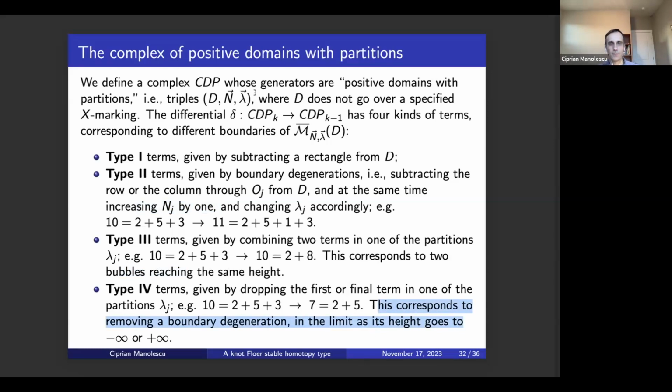This is a purely combinatorial complex in terms of the grid. It just uses the grid and the O's in it and the markings, and you make a complex.